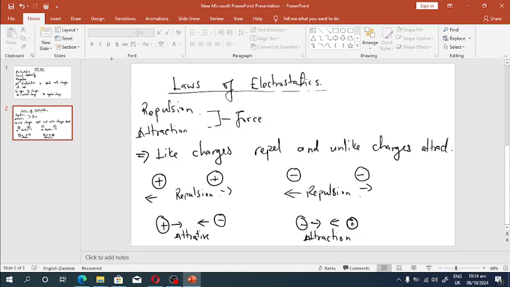And so it is very important to note that the repulsion or the attraction can be calculated. We are able to find the magnitude of this force that is bringing these particles together or moving them away.